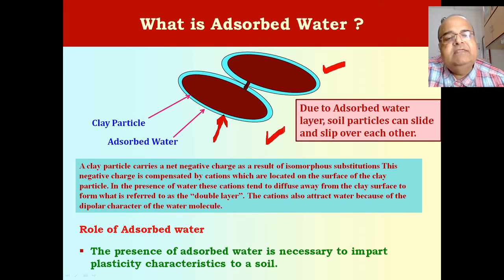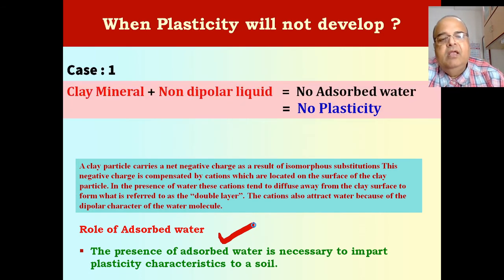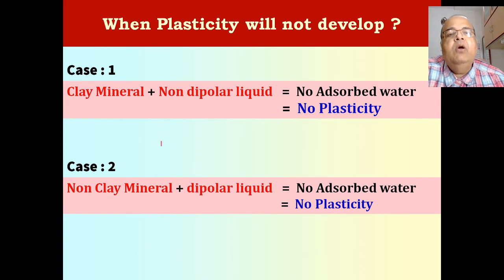Because of this adsorbed water layer, the soil particles can slide and slip over each other, so the movement is very easy. This is known as the plastic nature of the soil. The presence of adsorbed water is necessary to impart the plasticity characteristics to the soil. This is very important.